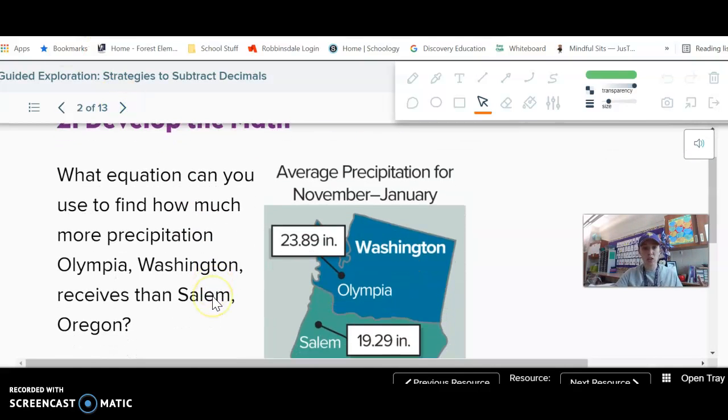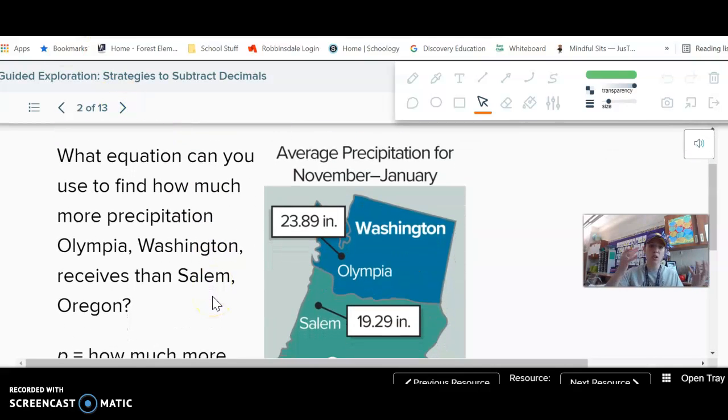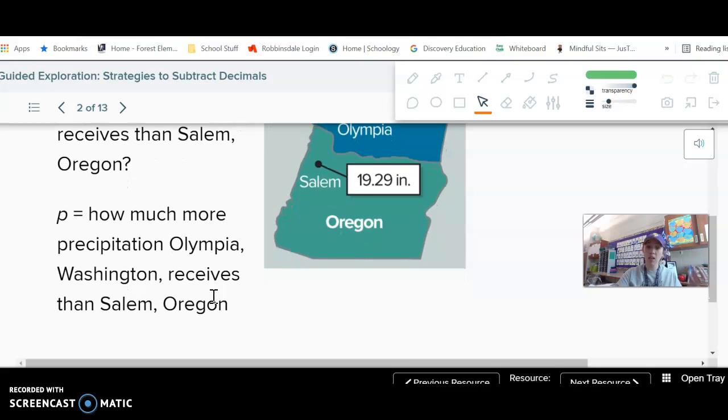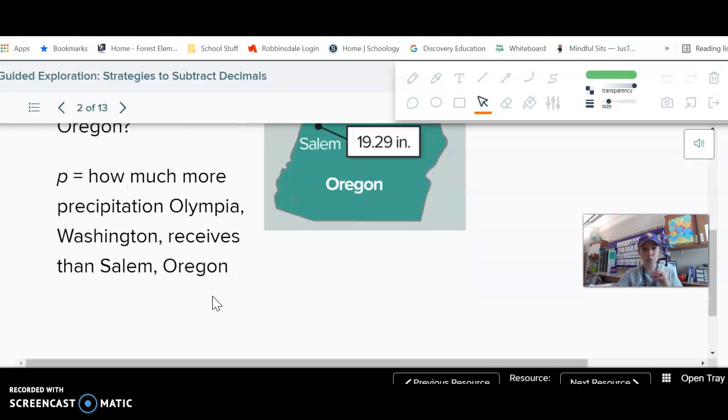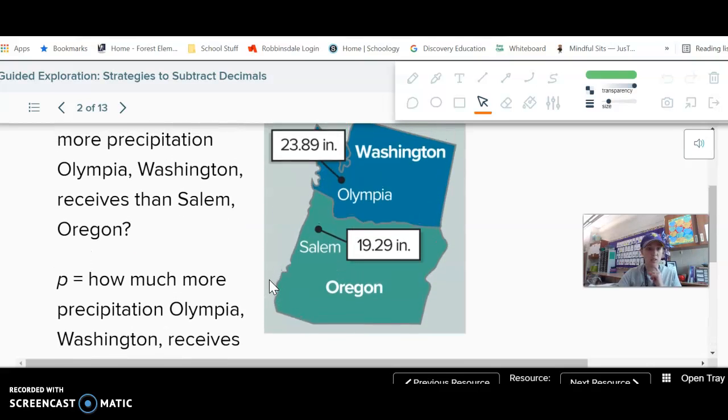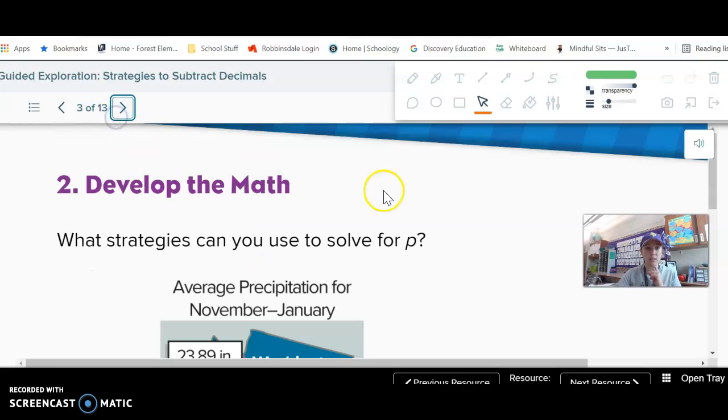So what equation could we use to find how much more precipitation? We're thinking about P. Well, how much more means what operation? Subtraction. We're comparing, so we can subtract those two to find the difference, to find how much more it gets.